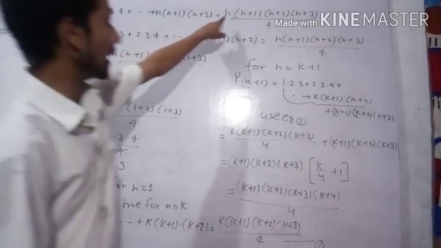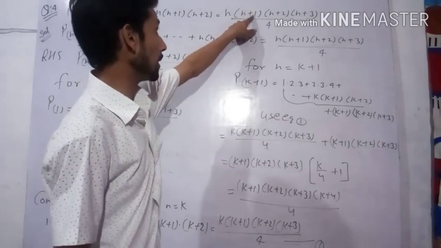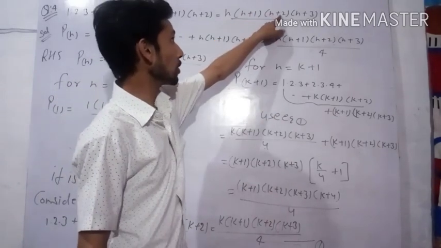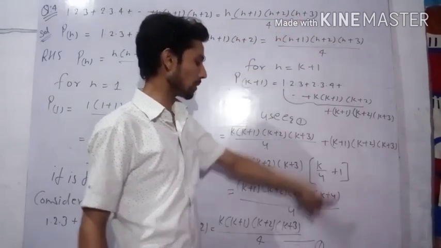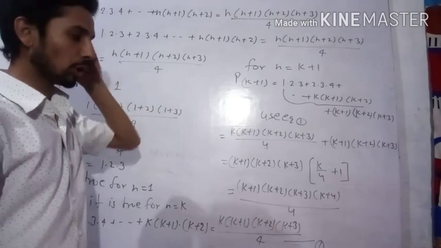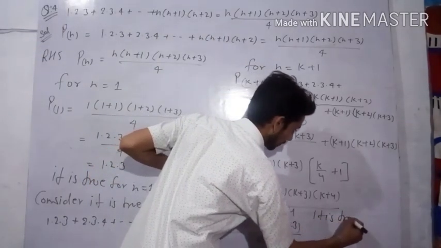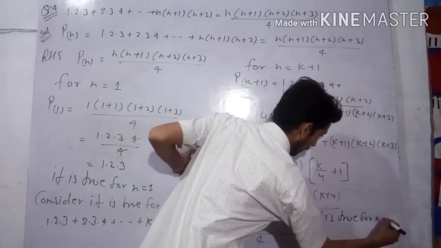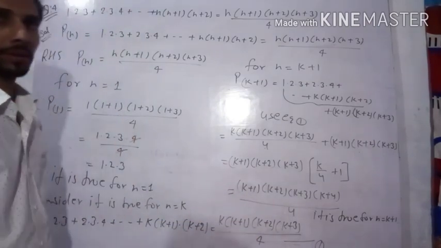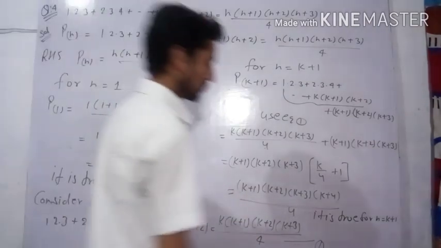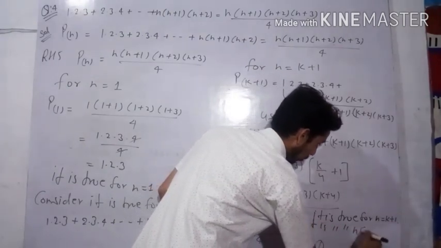So now you can see here, in place of k, k plus 1 is there: (k+1)(k+1+1)(k+1+2)(k+1+3)/4. So it is true for n equals k plus 1. So it is true for every natural number.